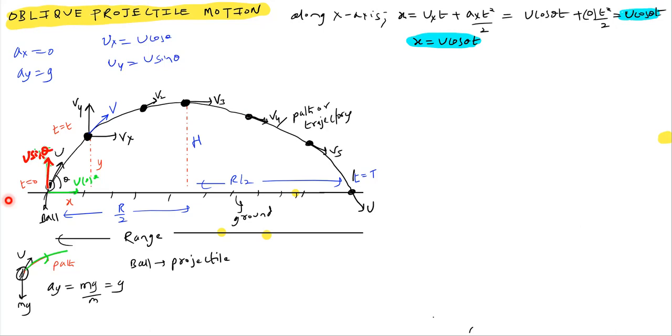At t equals 0, u sin theta. After some time, because of the retardation by gravity, what do you expect? How is g acting, opposite to u sin theta? The particle initially will undergo retardation. So along y-axis, we'll write the equation.